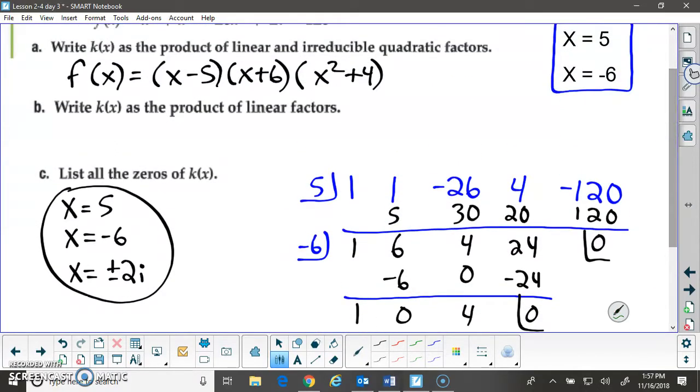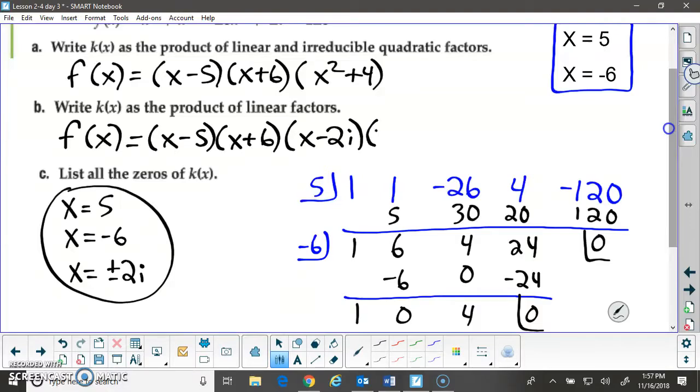And then part B, writing this as a product of linear factors, we'll still have the x minus 5 and the x plus 6, but now we'll have to have x minus 2i and x plus 2i. So that is the third day of lesson 2.4 on zeros of polynomials.